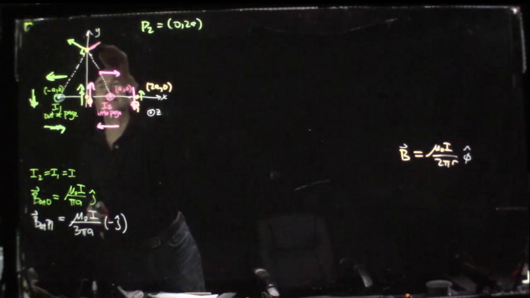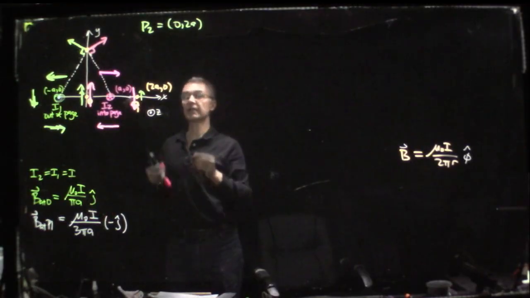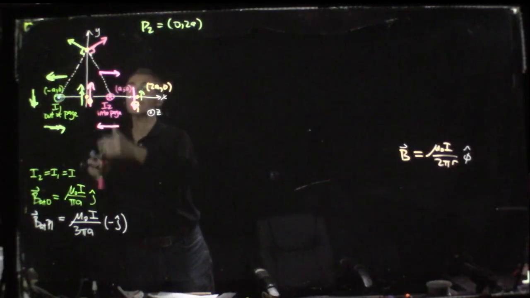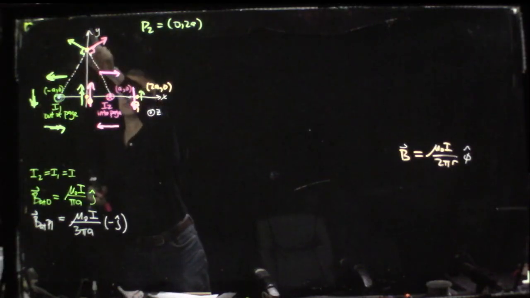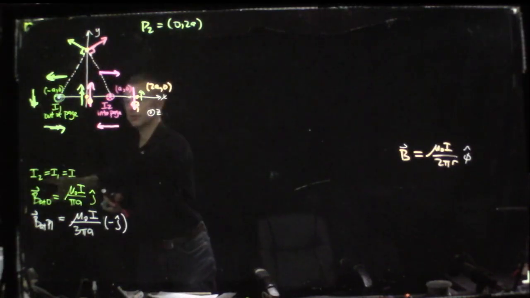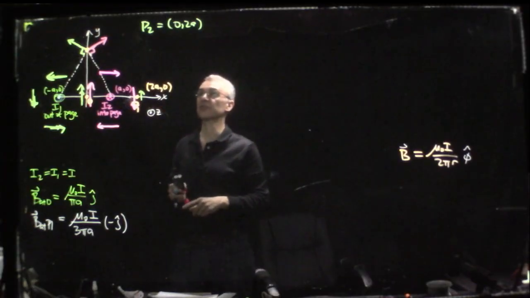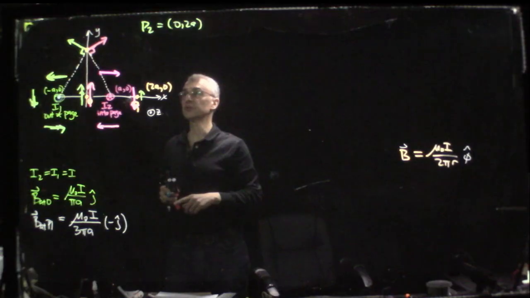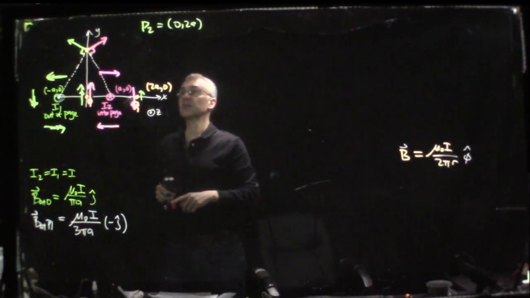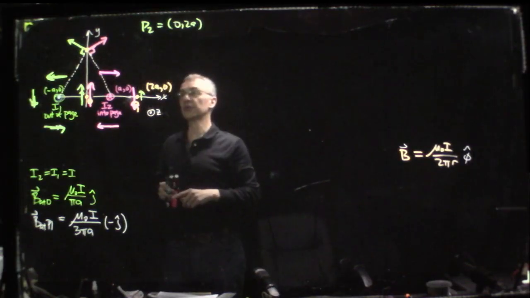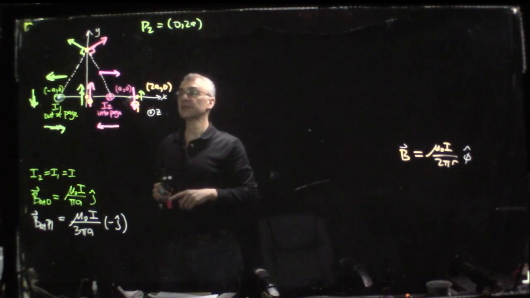So that's like that. And then clearly when you add these two vectors, the horizontal parts will cancel and the vertical parts will add once we impose the condition that the two currents are the same magnitude. So we want to evaluate that vertical component.